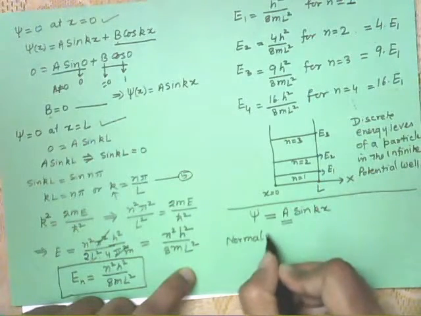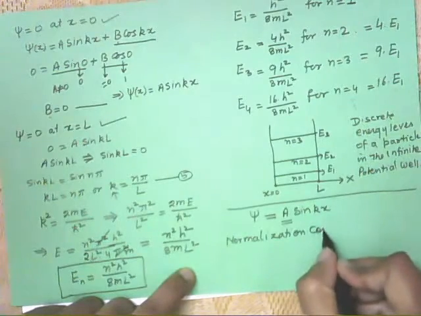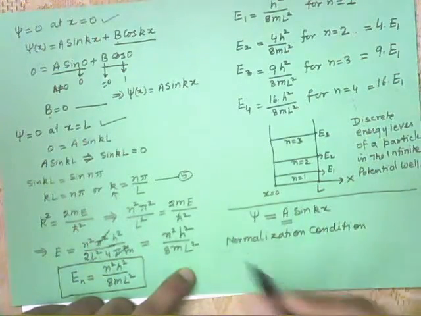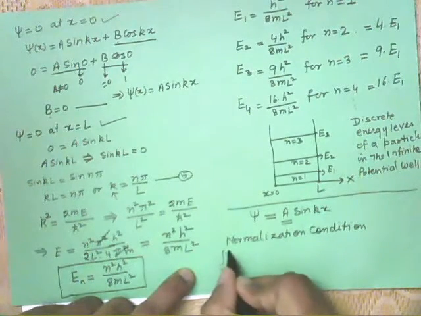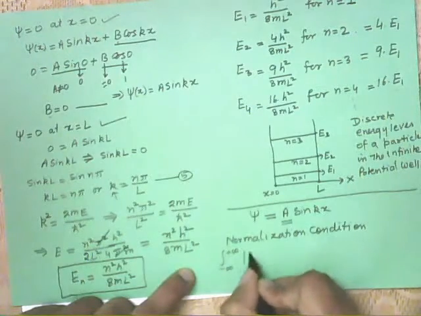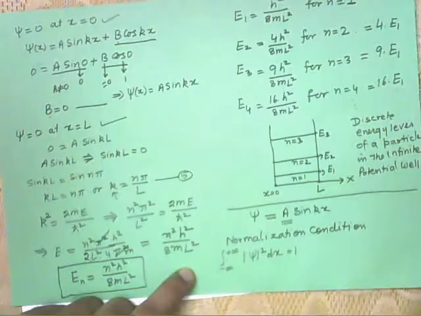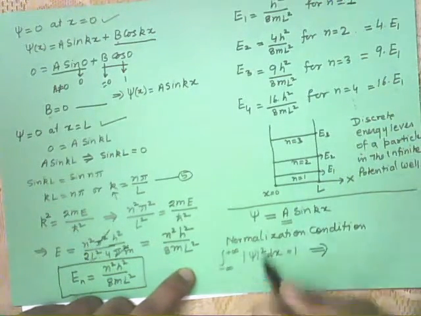Normalization condition for any particle wave function is the integral from minus infinity to plus infinity of mod psi square dx is equal to 1. So now we know the limits.